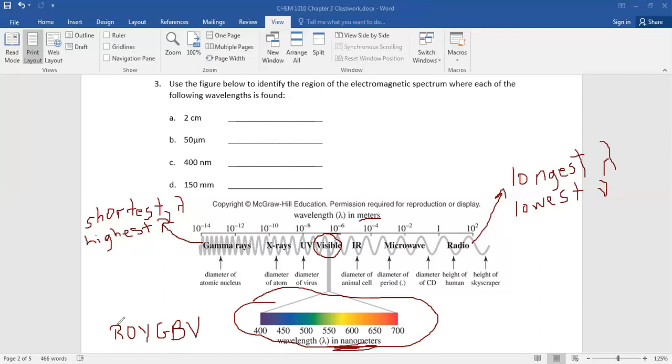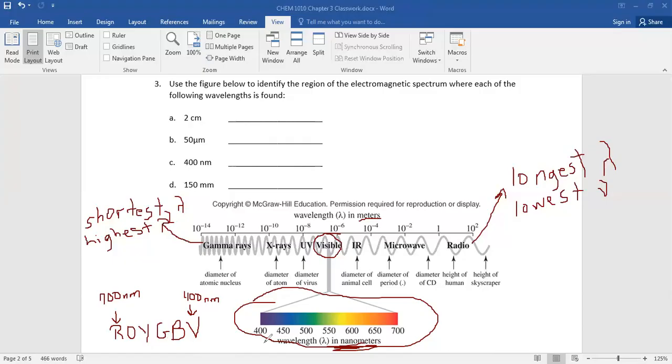And so your red end, those are the longest of the visible light. They have wavelengths of about 700 nanometers. And then the violet end are the shortest wavelength of about 400 nanometers. So red light has a longer wavelength than violet light.